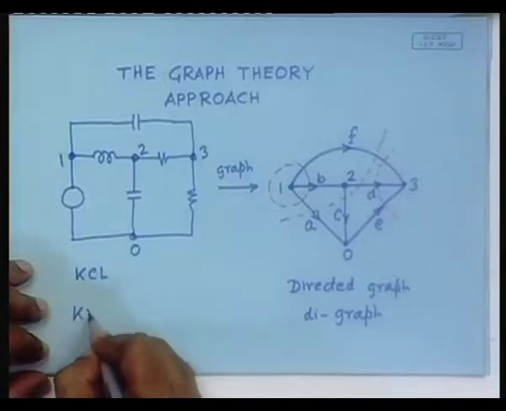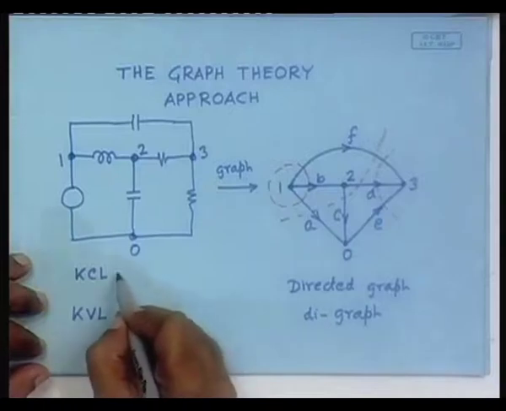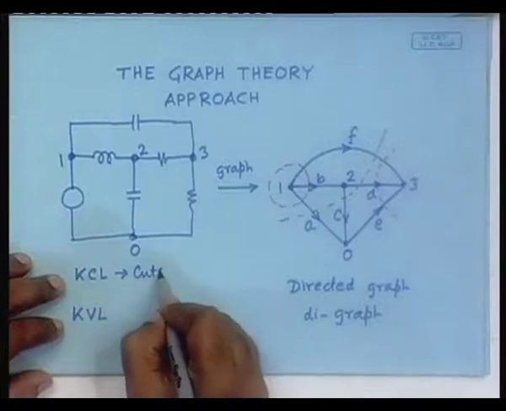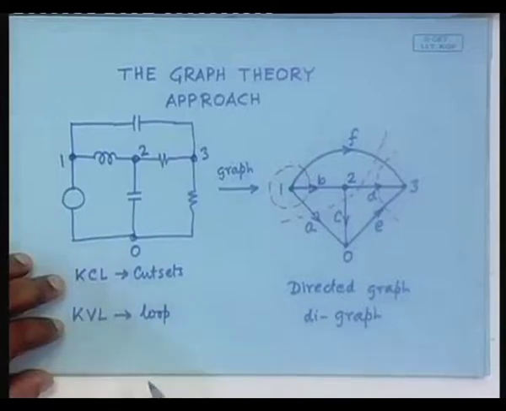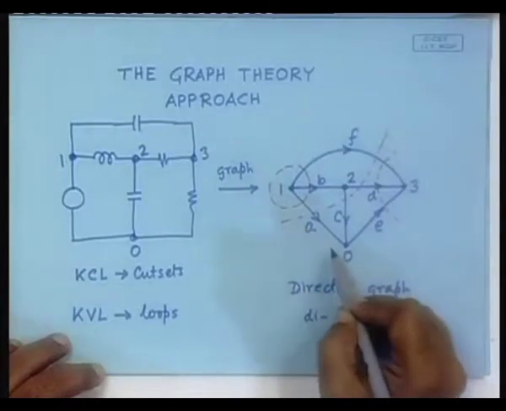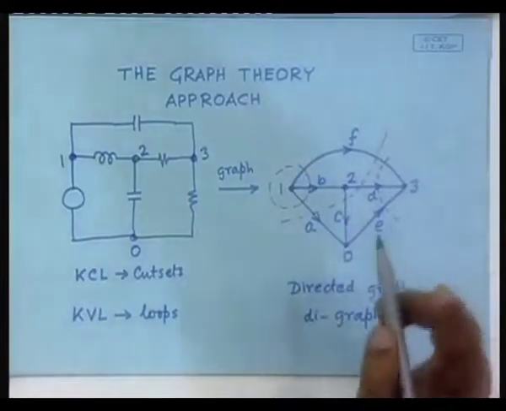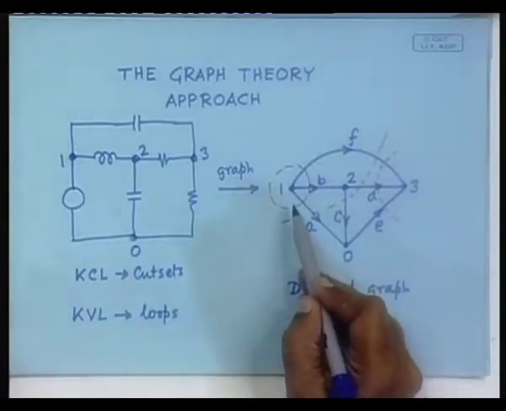and the KVL would state like this: the KCL is related to cut sets and KVL related to loops. So, in all the loops, VA plus VC plus VB equal to 0, but notice here, while you do it on the loops, you will have to traverse either the anti-clockwise direction or the clockwise direction.